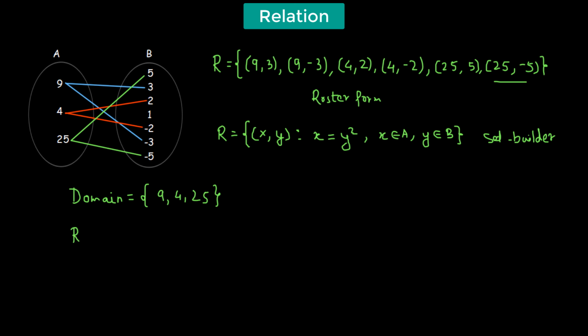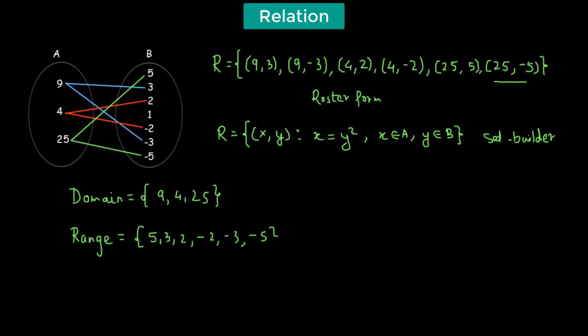Then we can find out the range. The range has the same criteria: all the elements that participate while forming the relation will form the range. So for set B, we have 5, 3, 2, -2, -3 and -5.